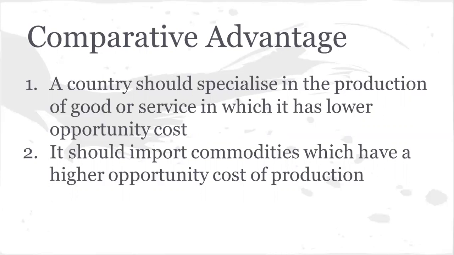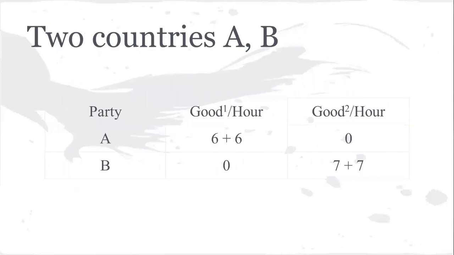In the same example, A has the lower cost here, so he will produce it. A is specialized in good 1, and he will import good 2, where his output is 0, from B, because B is specialized in good 2. So it's a crisscross situation: A will produce good 1 and send it to B, and B will produce good 2 and send it to A.